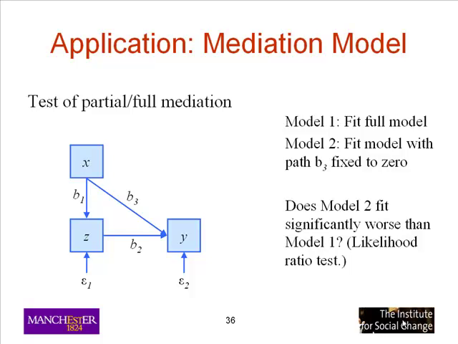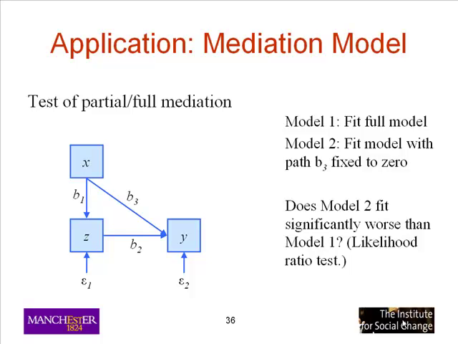But it's quite a fiddly way of doing it, and more recent research would suggest that they can be quite biased ways of doing it. And again, it's very fiddly when you start to do more complicated models. So structural equation modelling software is a really handy way of doing these things in a fairly straightforward fashion.